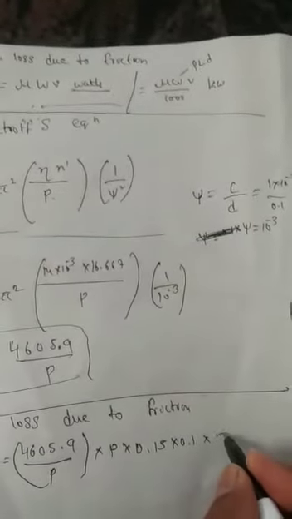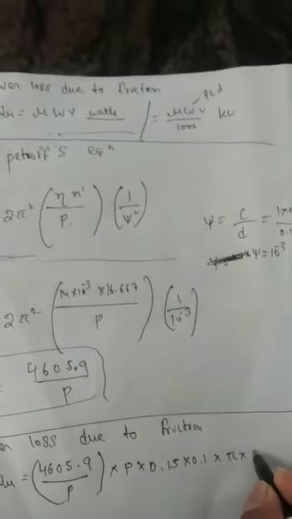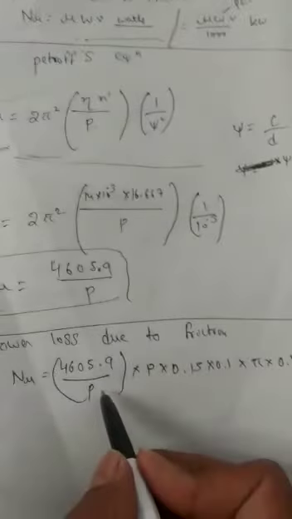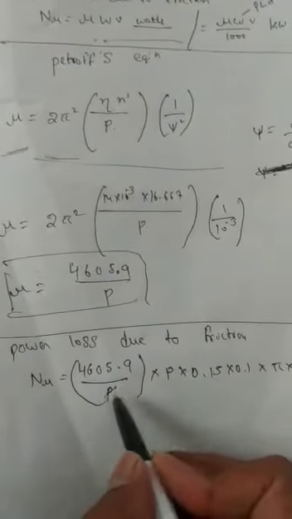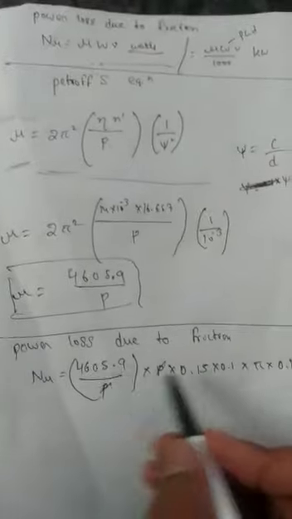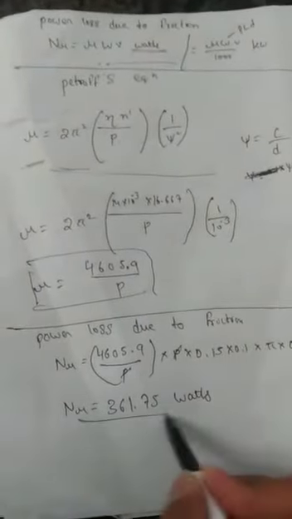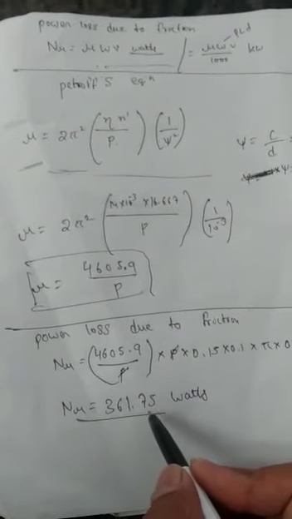V is pi D N dash, which is pi into 0.1 into 16.667. Now the job is easy. The p terms get cancelled. After substitution and calculation, we get N mu as 361.75 watts.